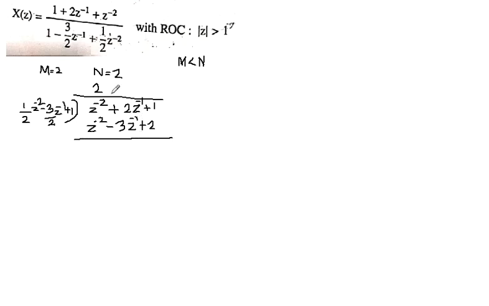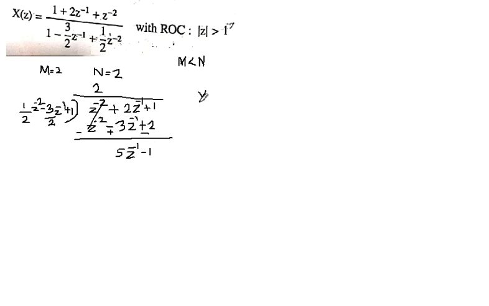And when we go for subtraction, we change the signs. So this cancels and we have 2 plus 3 as 5. So it is 5 z raised to minus 1 minus 1. So this is our x of z.